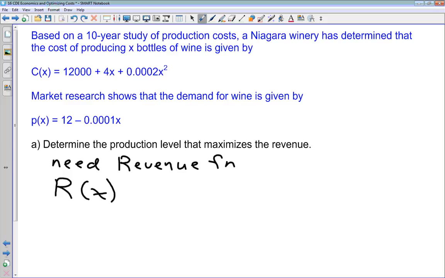R is a function of X. Well, R as a function of X is X times our price function, X times P at X. The number of units we are selling times the price that we get for each one of these units. So that's going to be x times, we're given the price function here in the question, that's 12 minus 0.001x.